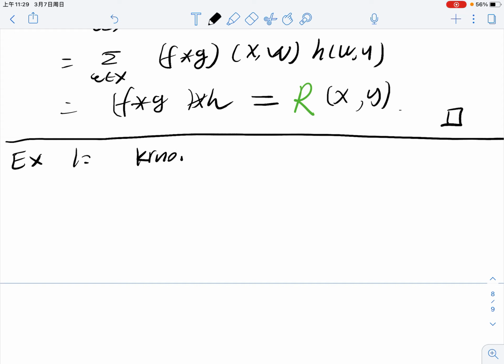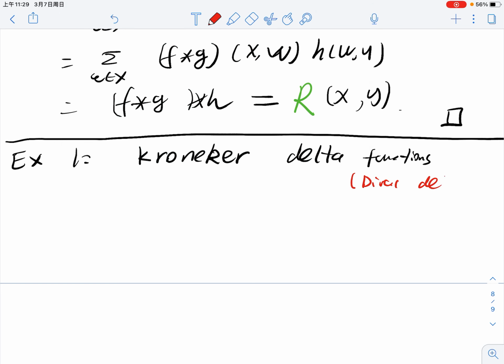So here, a very interesting function inside the space is called the Kronecker delta function. I guess at Kronecker's time, there was no notion of delta functions. This is only after Dirac, and Dirac's famous delta function.